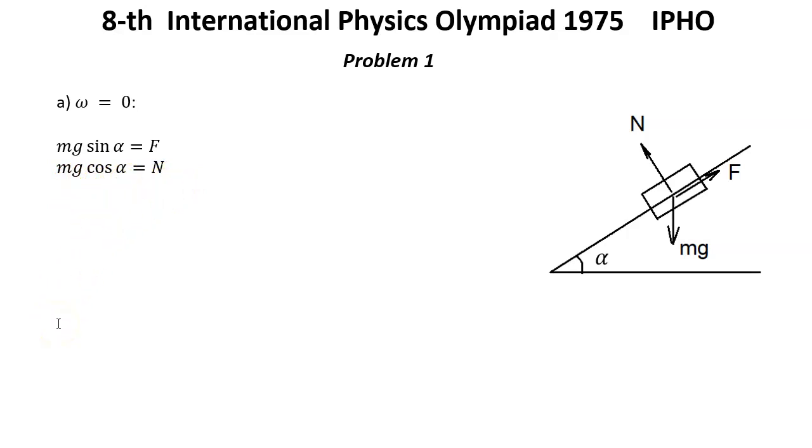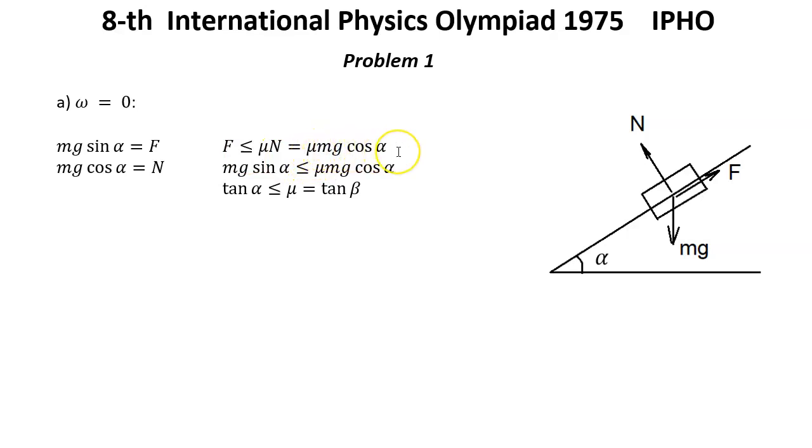In our case, the force of friction must be less than or equal to mu N. So it means that the force of friction must be less than or equal to mu mg cosine alpha, and we can combine these two equations to find that tangent alpha must be less than or equal to mu, which is the tangent of a critical angle beta.